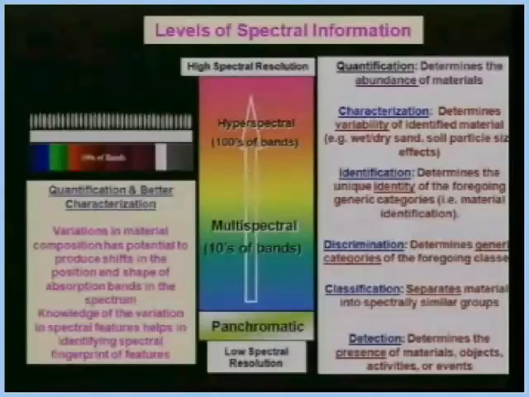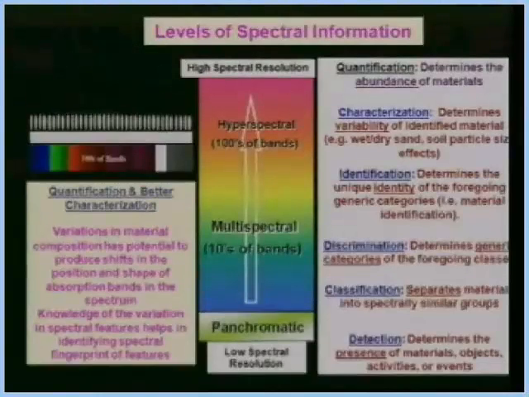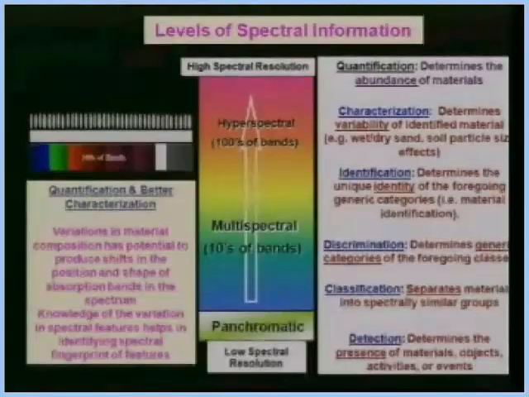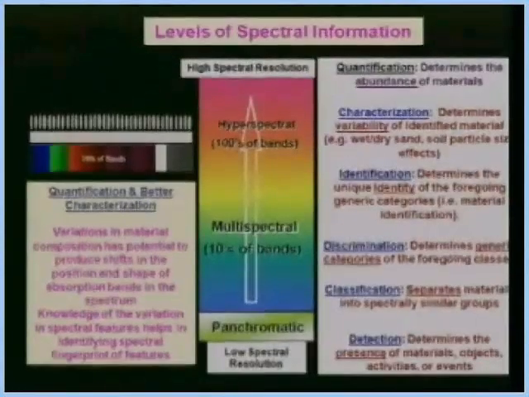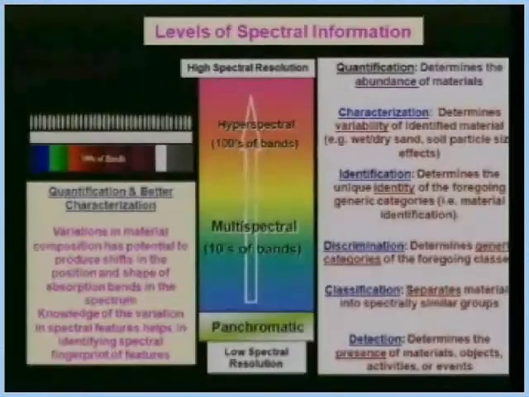But what is lacking in today's multispectral data sets is systematic characterization and quantification to determine the abundance of materials. Of course, it is a misnomer to say that abundance of materials is something new, because some kind of classification we are doing, but all the time we expect the pixel to have a single class in it totally. But that is not the end of the story. We would like to go to finer detail.